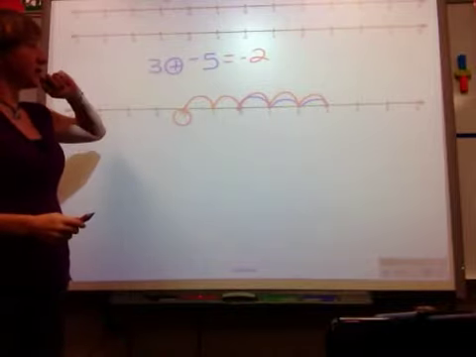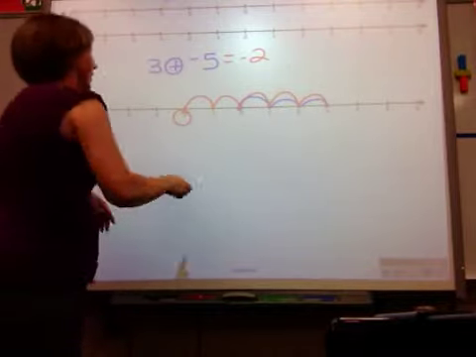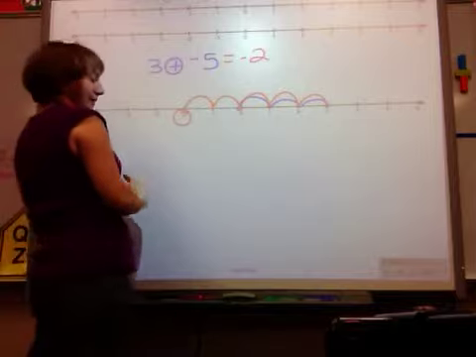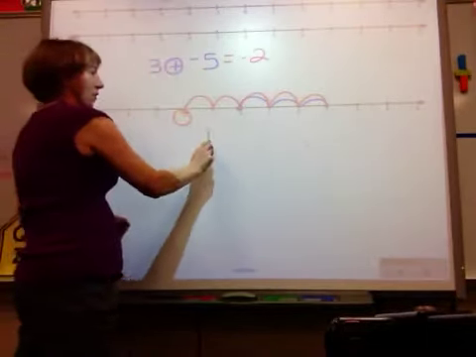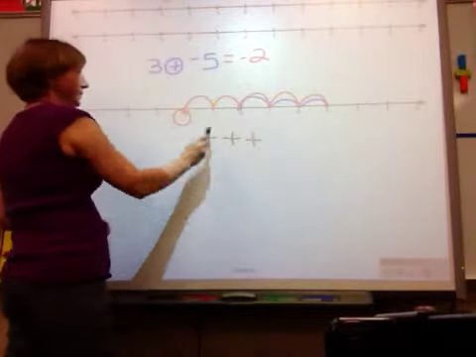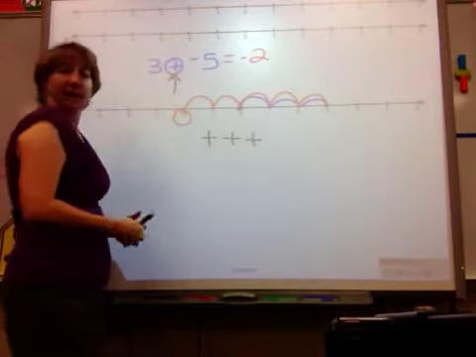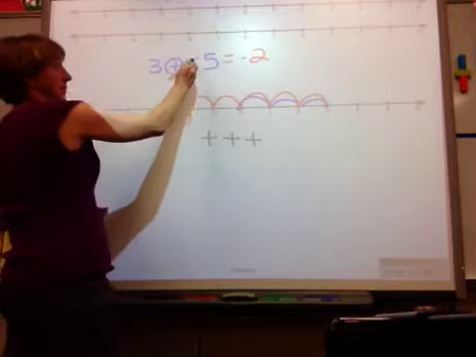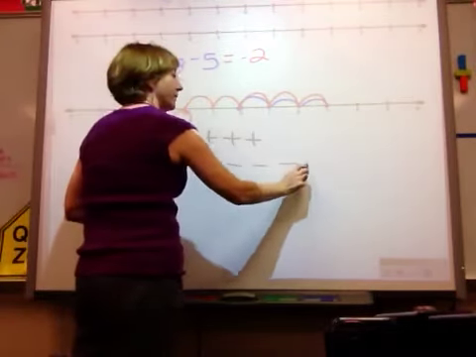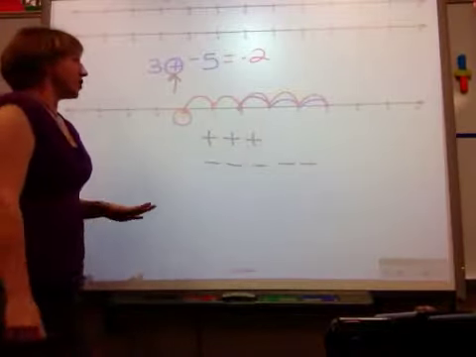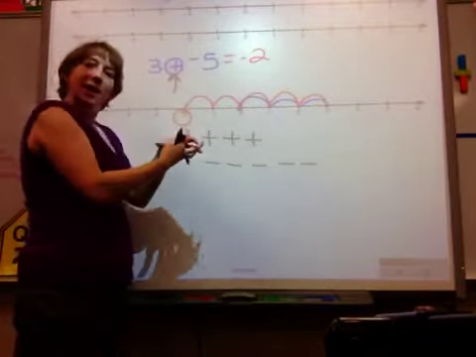We can also look at this using the signs method. If I have 3 plus negative 5, that would be like having 3 positives, 1, 2, 3, and, plus meaning and, in this case, 5 negatives, 1, 2, 3, 4, 5. Now we can look at the signs, try to put them together to get a total.